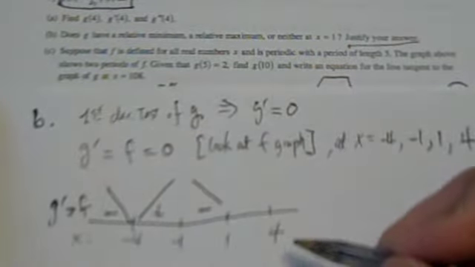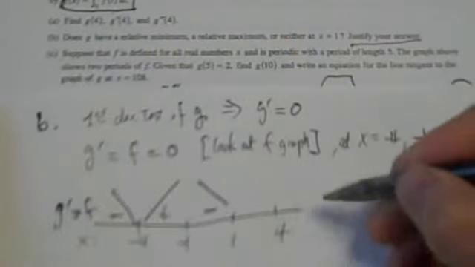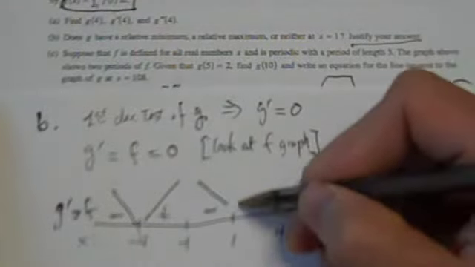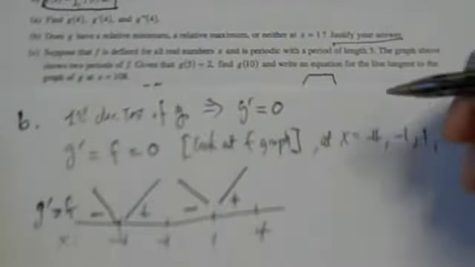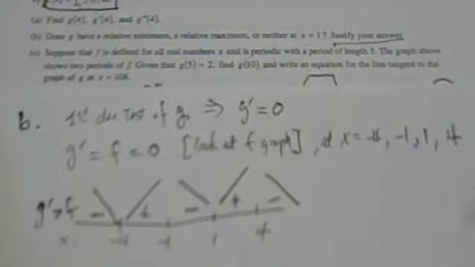Between 1 and 4, take 2, for example. At 2, f is a positive value for g prime. And anything greater than 4, say 5, is a negative value, so it goes down.